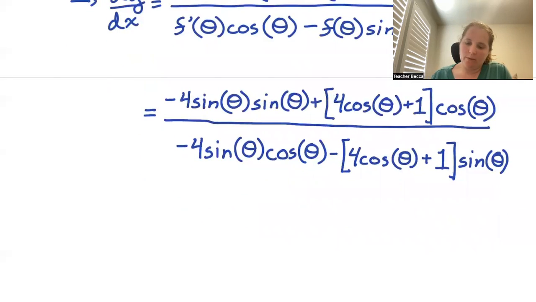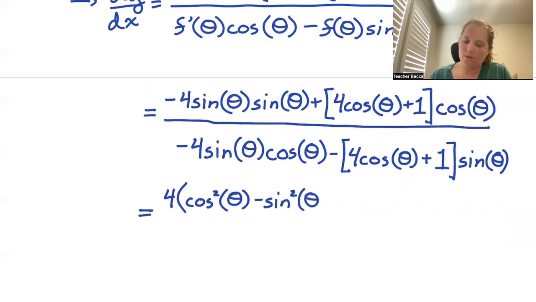So if we simplify a little bit, we are looking at 4 times cosine squared of theta minus sine squared of theta. The 4 multiplying both the cosine squared and sine squared. And then we have an additional plus cosine theta, no 4.